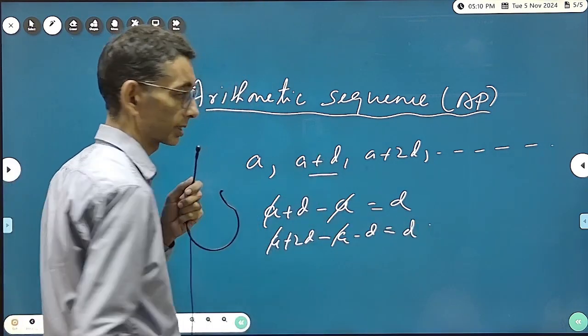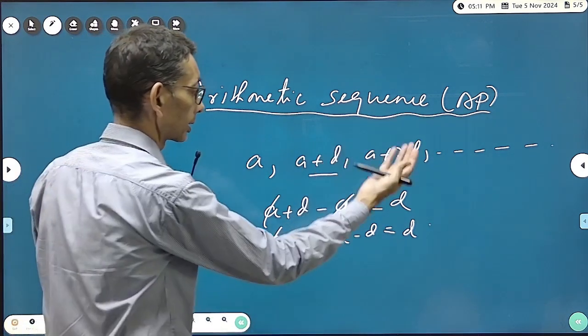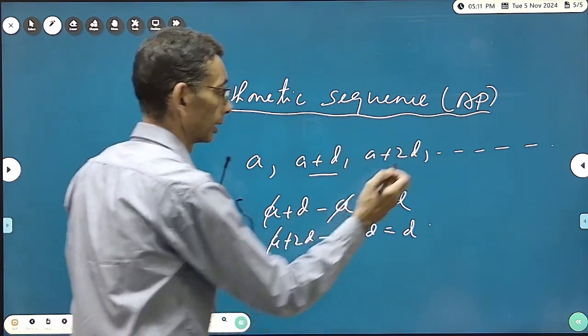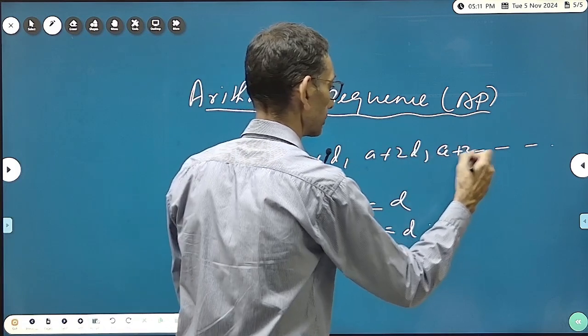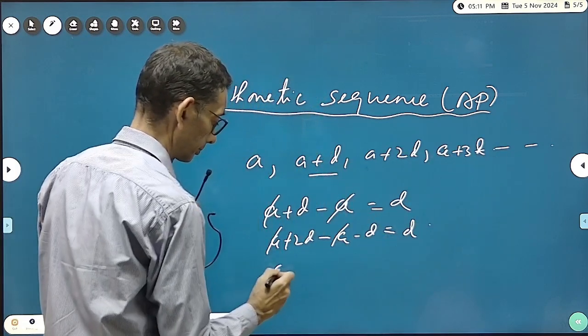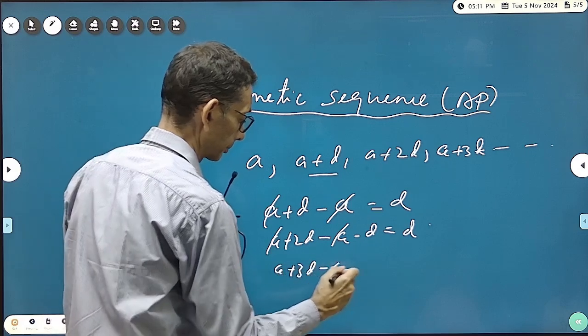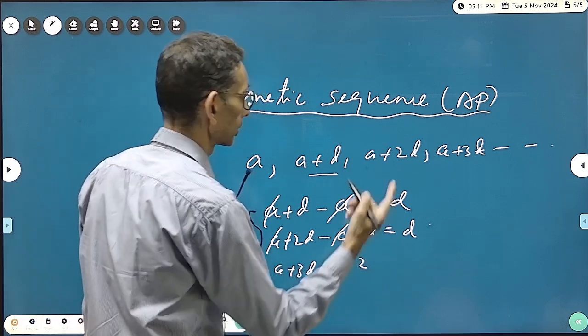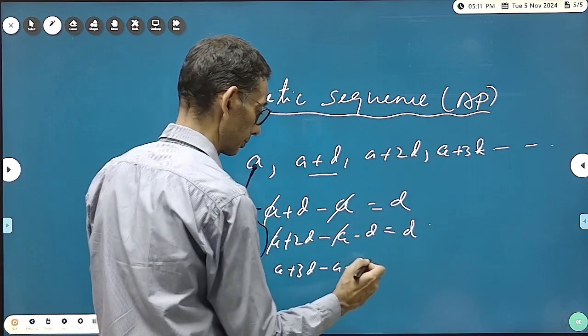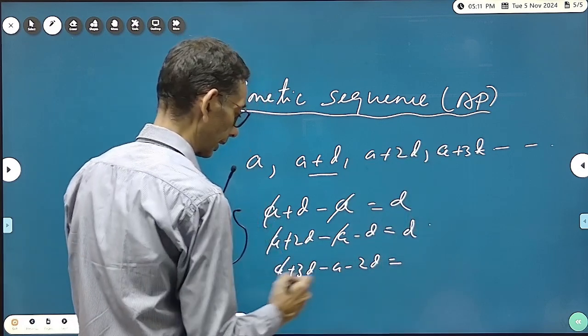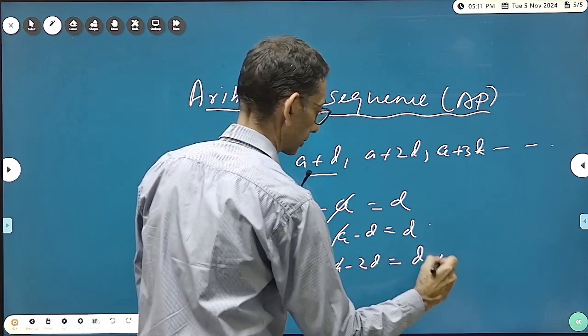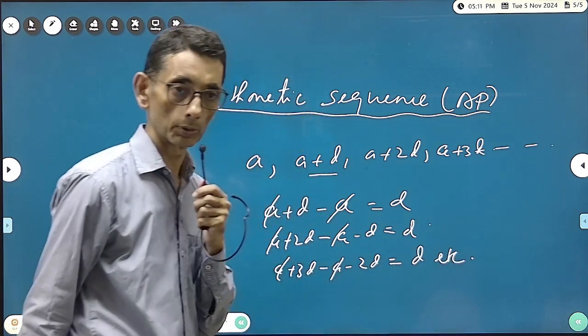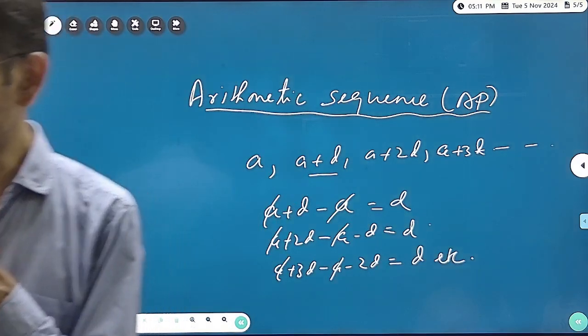Second term minus first term is d, third term minus second term is d. Then the next term is a plus 3d. Fourth term minus third term, again a cancels out, 3d minus 2d is d. So it follows the whole pattern.